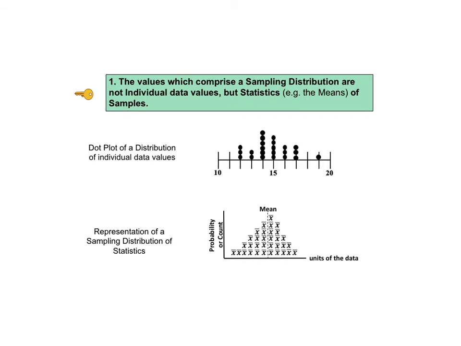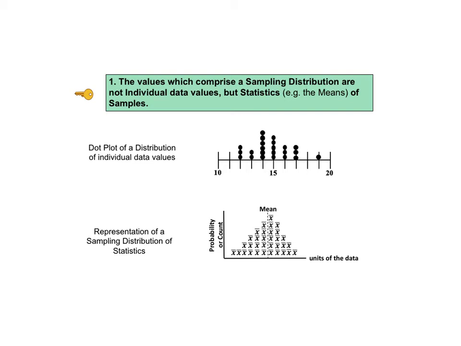And here is a visual representation of a sampling distribution similar to the dot plot. It is not intended to be a precise representation of a data set, but to give a visual illustration of the concept of sampling distribution. Instead of dots representing individual data points as in the dot plot, we have X-bar symbols representing means of samples.